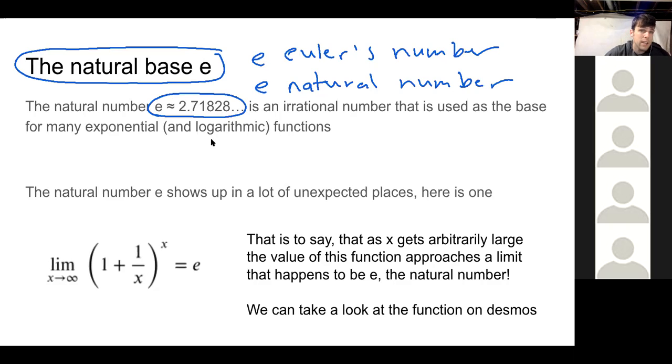And a lot of times it's useful for us to use E as the base for an exponential function or a logarithmic function because it works better than some other numbers. Why? That's a little more complicated to get into. We're just going to say that it does. So one of the places that E shows up, and this brings us back to some things we've talked about recently, is a particular limit.